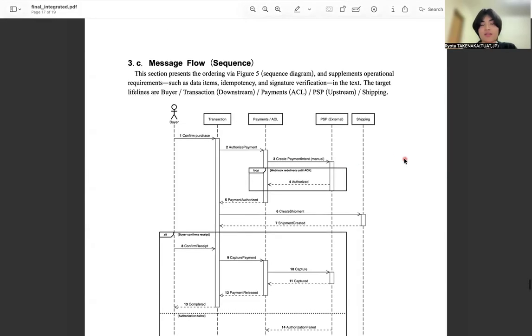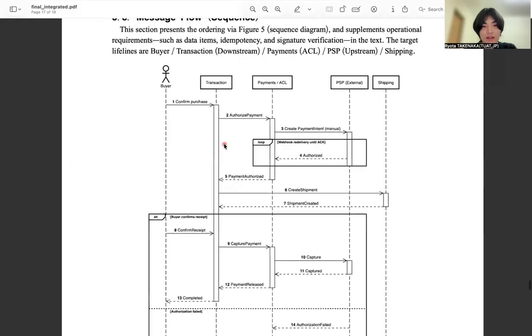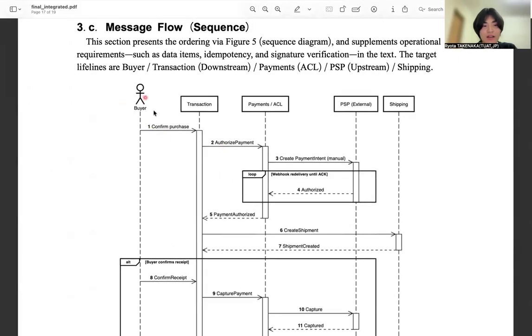And finally, let's look at the message flow. Detailed in the final section in figure 5, this sequence diagram shows the entire scenario. First, it starts when a buyer confirms the purchase, and the transaction context sends a command, authorize payment.